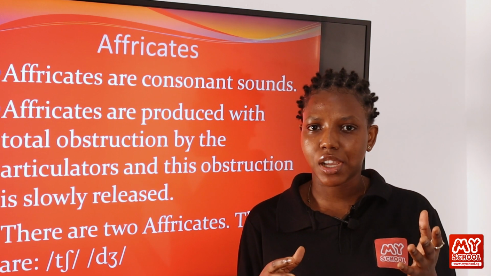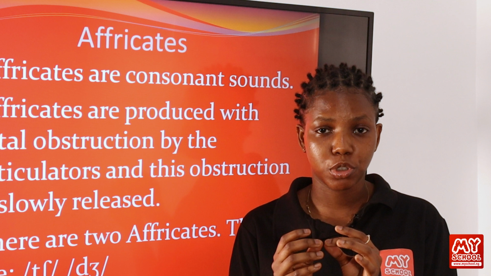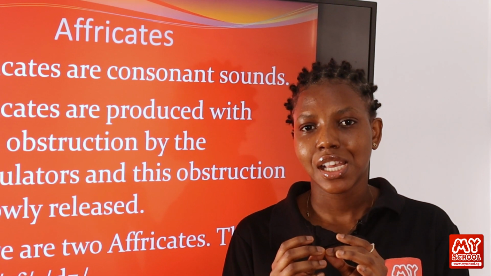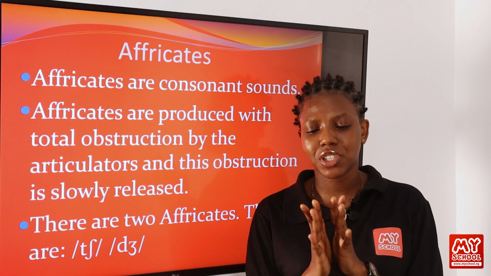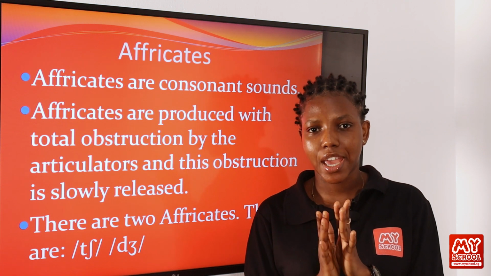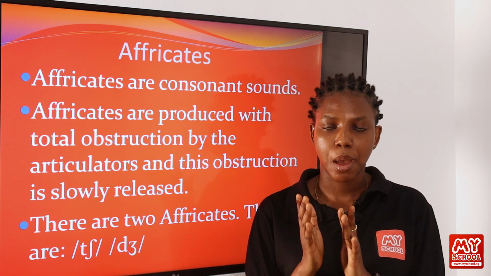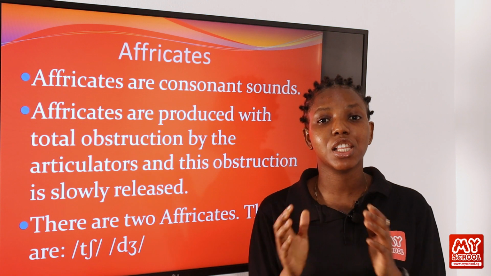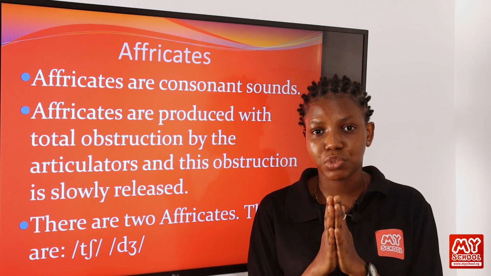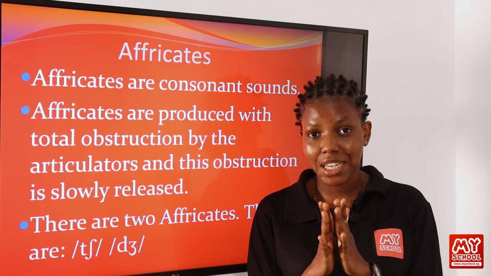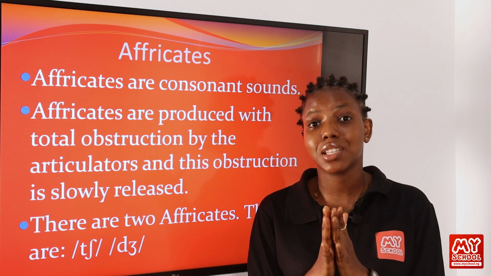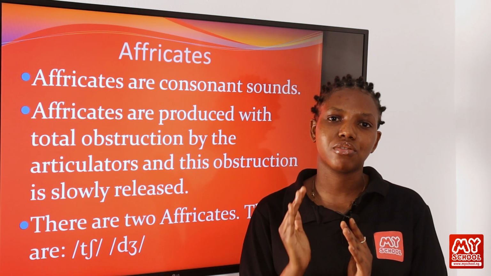For fricatives, for example, there's a partial obstruction in the sense that the articulators leave just a tiny space so that air can come out through that passage. But in this case, it is completely blocked, and then air is released gradually, and the articulators separate so that air is released gradually.